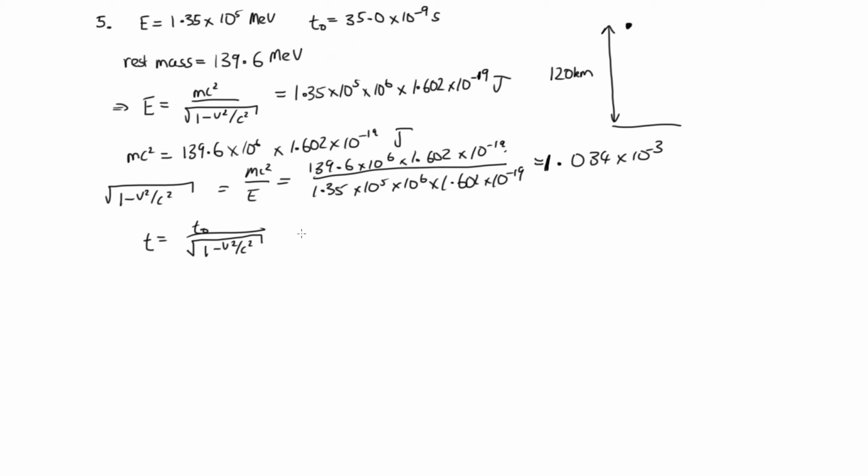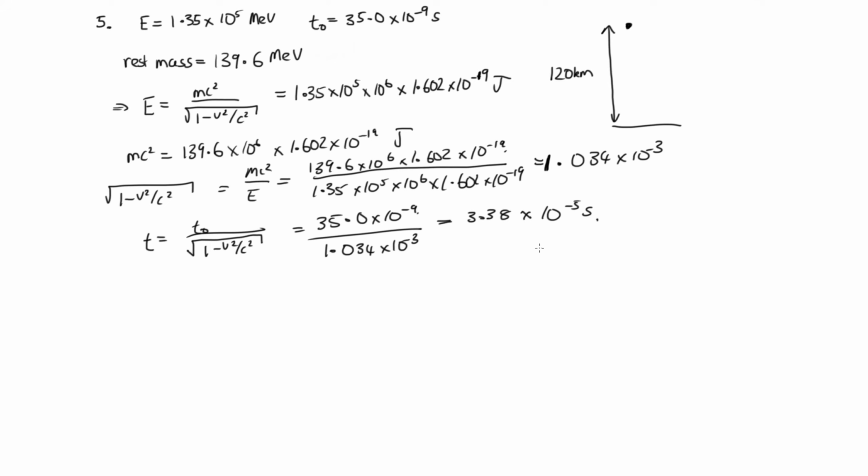So we've got the time in its frame, 35.0 times 10 to the minus 9, over this thing which we've calculated, 1.034 times 10 to the minus 3. So in the Earth's reference frame, we know that it lives for 3.38 times 10 to the minus 5 seconds.